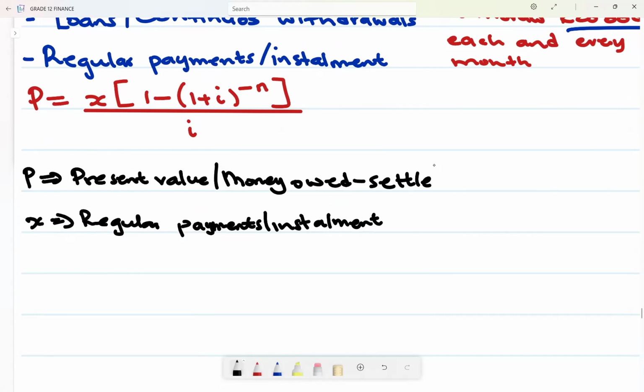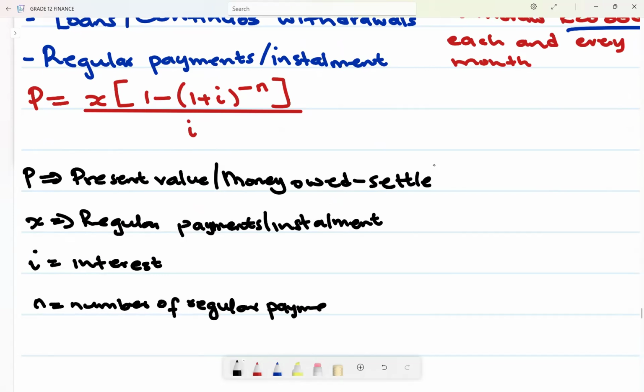And then i is just the interest, and then n is the number of regular payments. And i, n and x are the same for both future value as well as present value. So for P, you just know what is what.